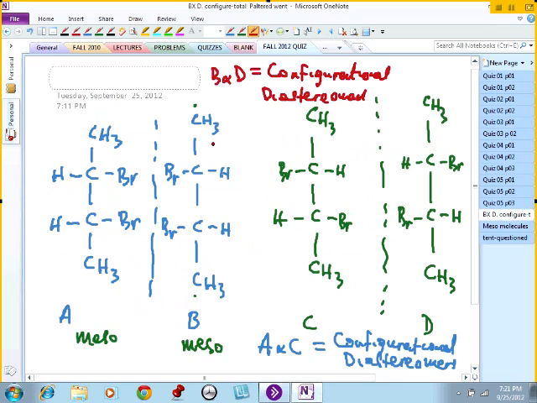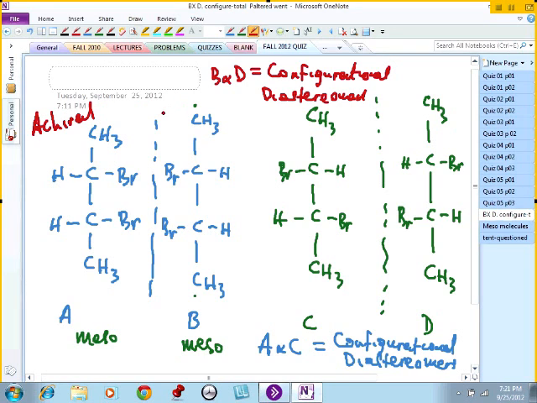Coming back to here. If we now take a look at these four molecules, A, B, C, and D, we've already said that molecules A and B are the same, because they are meso. Meso compounds are the same. So we say that molecule A is achiral. Achiral means it will superimpose on its mirror image.